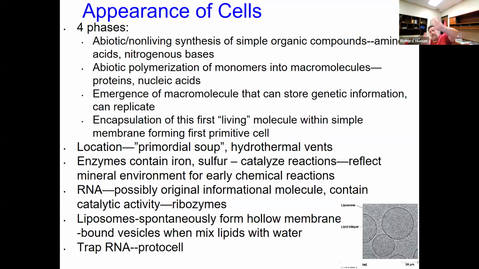Remember how the lipid bilayer can form on its own, like a bubble in soap and things like that. So RNA would have been trapped in these protocells and replication could have occurred. Again, we don't know for sure, and it takes a lot of studying and very smart people trying to figure this out, and we're learning more and more all the time. This isn't a dead area. This kind of stuff is constantly being improved upon as far as our understanding.